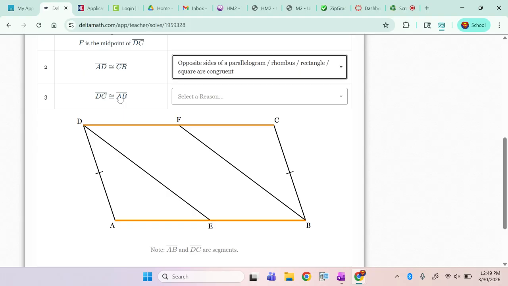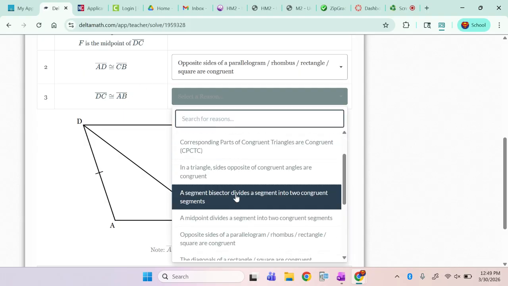I know proofs are a pain in the butt. I struggle with them sometimes. Just go for it. Why are those sides congruent? Because they're part of a parallelogram. Aren't they opposite sides of a parallelogram? Yes, so they are congruent because we know that it's a parallelogram.